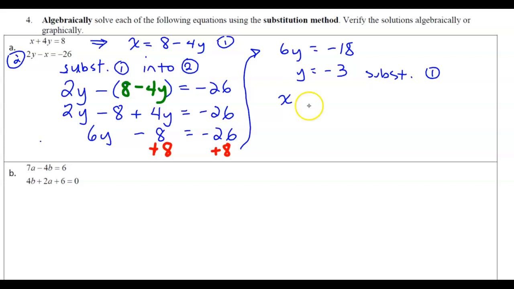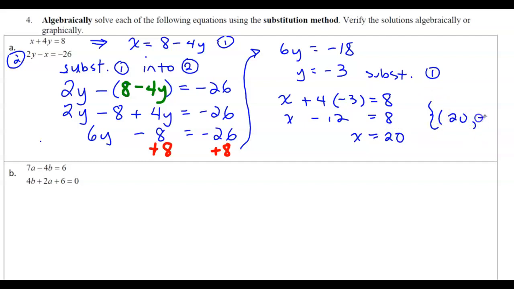So if I put it back into the first one before solving for x, it's going to look like this. It will give you the exact same answer. x is 20. So now your solution is 20 for x, negative 3 for y in an ordered pair.